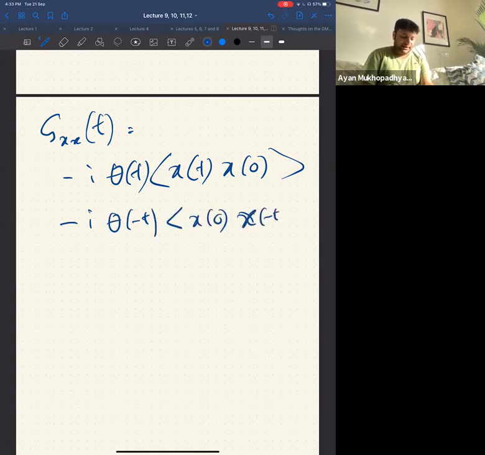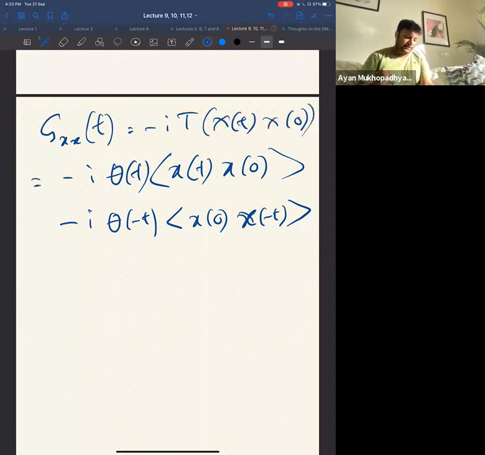This is the time-ordered propagator. If I write it down, it will be like this.